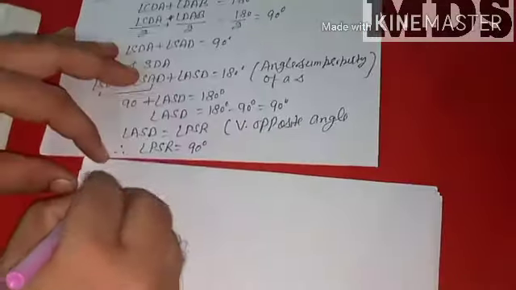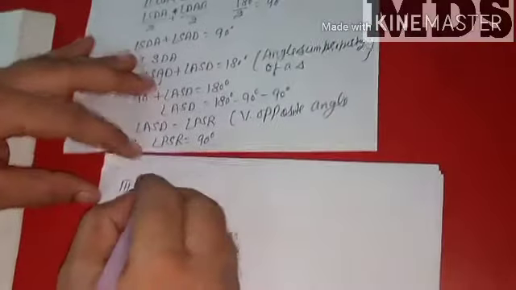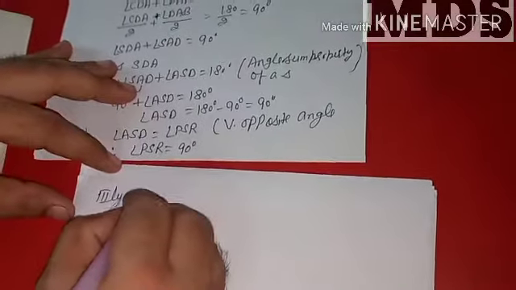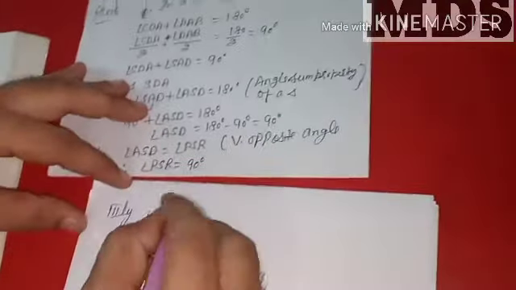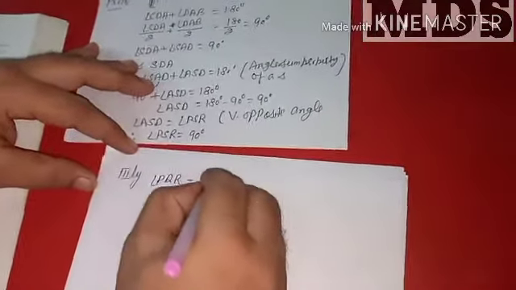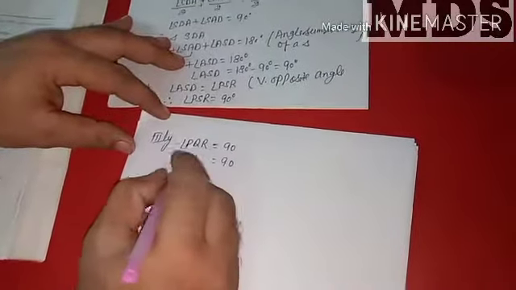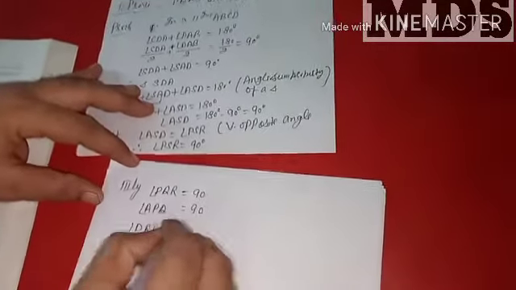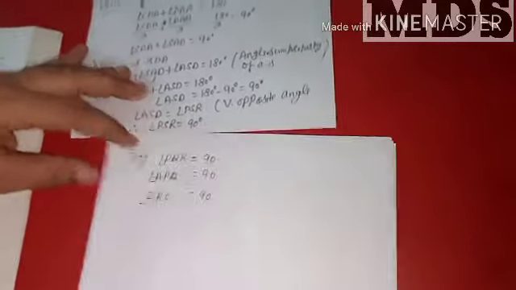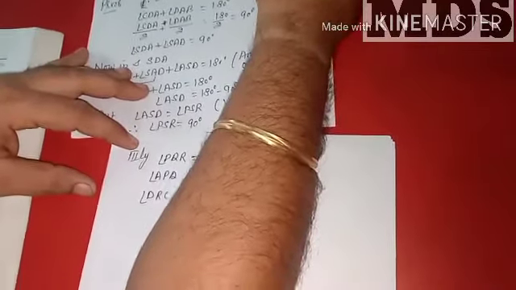Similarly, by applying the same process, angle PQR is equal to 90 degrees, angle APQ equal to 90 degrees, angle DRC equal to 90 degrees. By the same procedure, taking this triangle, this plus this angle is how much?